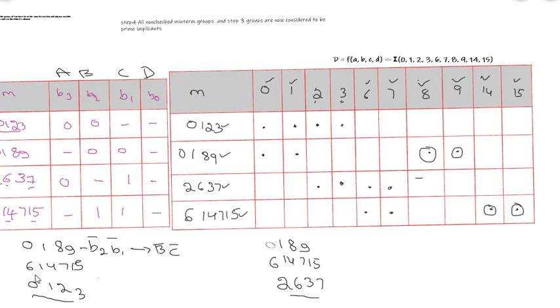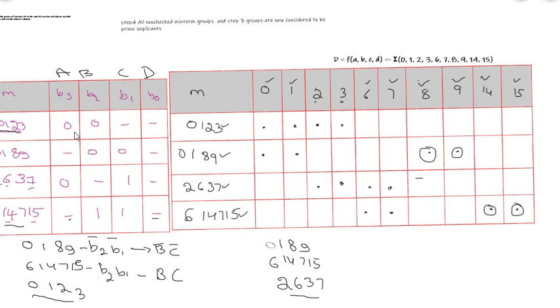Similarly, if you take 6, 14, 7, 15, here B3 and B0 are dash, so not required. B2 and B1 are directly present, not complemented. So we take B2 B1, or in the form of ABCD, it is BC. One more grouping we are taking is 0, 1, 2, 3. Here B3, B2 is 0, 0 and B1, B0 is dash.